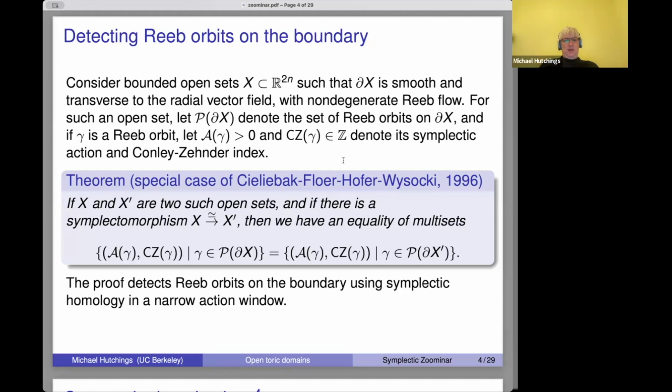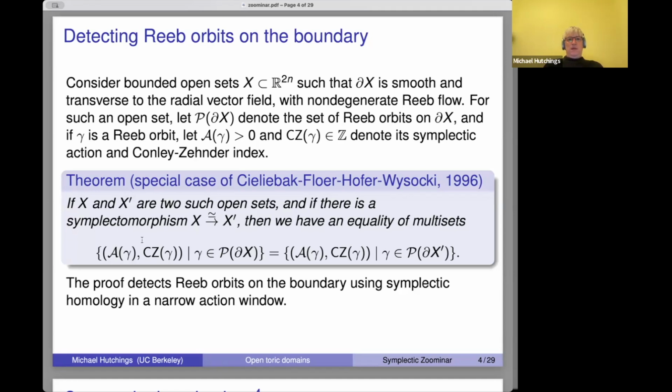The way you can say it is: if X and X' are two of these nice open sets with smooth star-shaped boundary, and if they're symplectomorphic, then the multiset of pairs (action of an orbit, Conley-Zehnder index of an orbit) is the same for both domains, which means that for any possible pair of a real number and an integer, the number of times that it appears is the same for both domains.